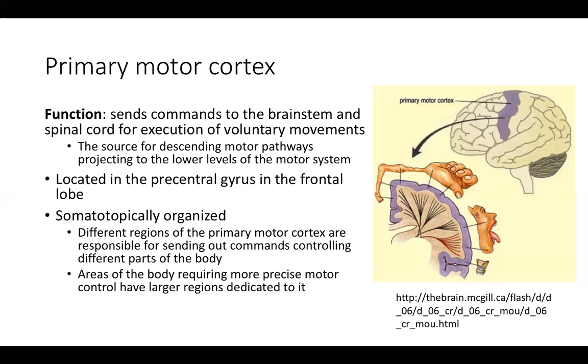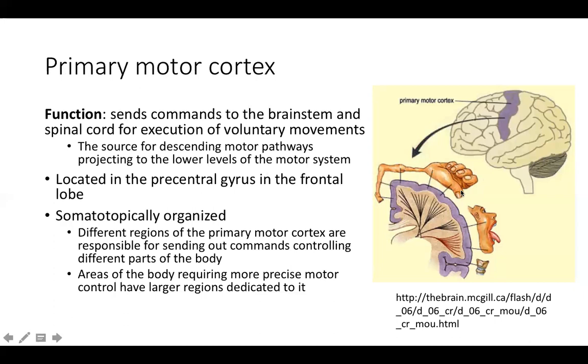The organization of the motor system is referred to as being somatotopically organized. And so what this means is that different regions of the primary motor cortex are responsible for controlling different parts of the body. This is what I was showing you in the smaller image below the brain, where more medially, the area of the motor cortex is controlling the legs and the feet and the lower limbs, and you have a large area that seems to be controlling the hand.